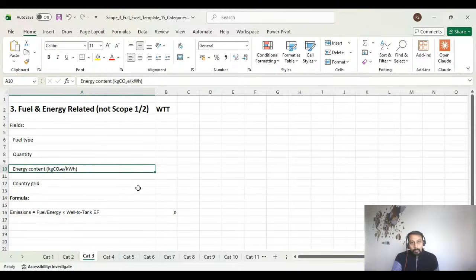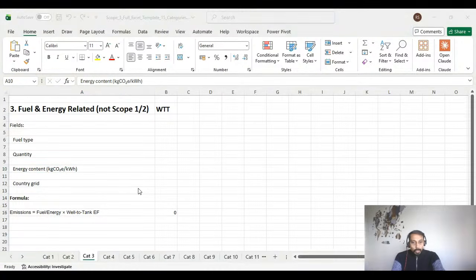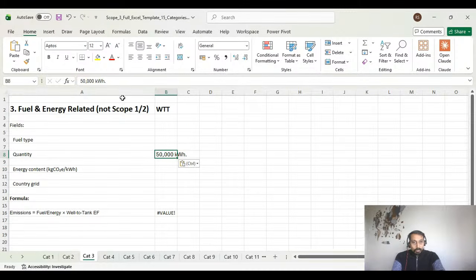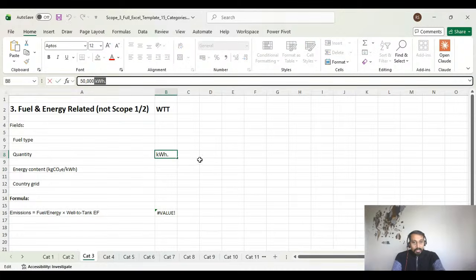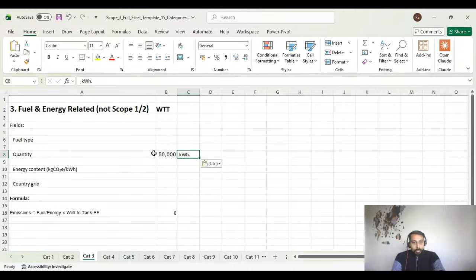Let's move to, not scope 1 and 2, but you have to utilize the scope 1 and 2 data. So for example, natural gas used in scope 1, which is 50,000 kWh, so you can utilize that quantity here, 50,000 kWh. You can separate that as kWh. Fuel type is natural gas.